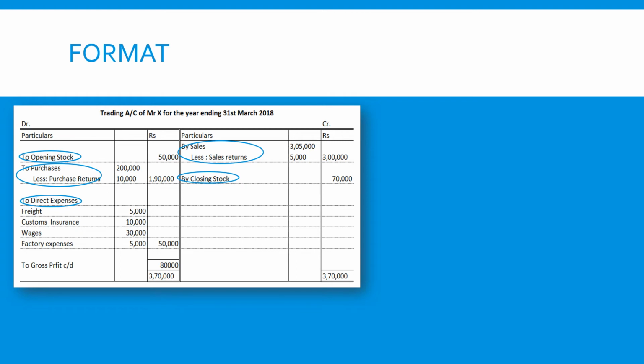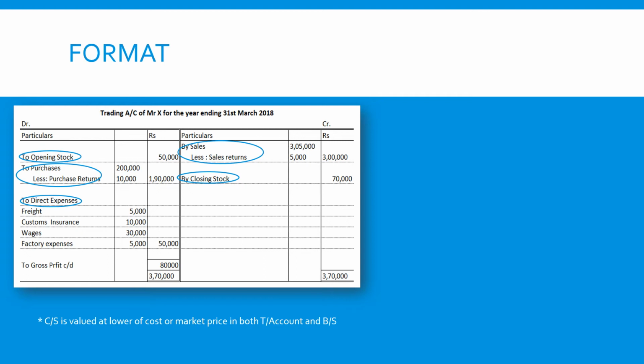The aspect I want to highlight is that closing stock is always valued at the lower of cost or the market price, whether it is in the trading account or the balance sheet. Closing stock normally appears in both the trading account and the balance sheet, right?